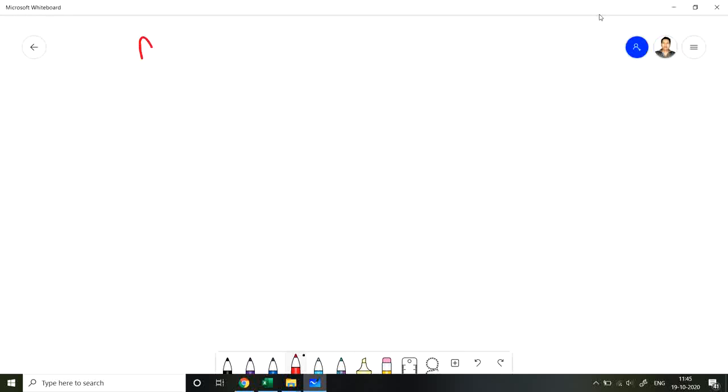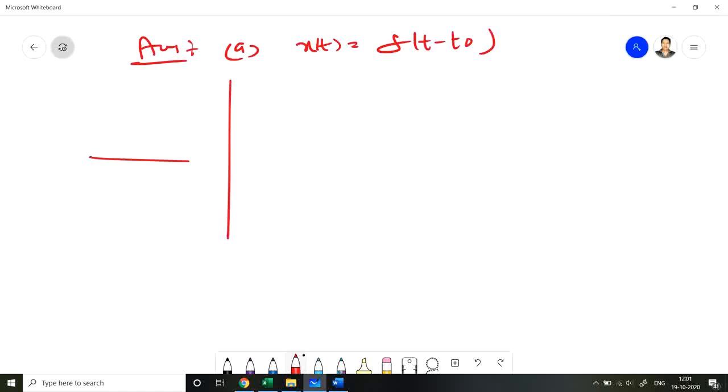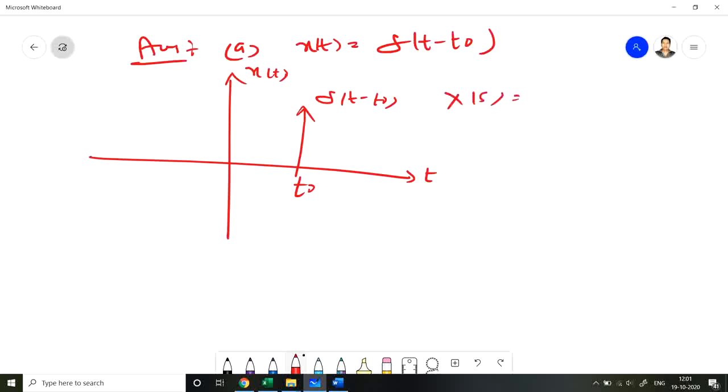So let us solve the problem. Part a: x(t) equals delta(t minus t naught). If we draw x(t), we can find that there is a delay t naught, and this is our unit impulse function delayed by t naught.